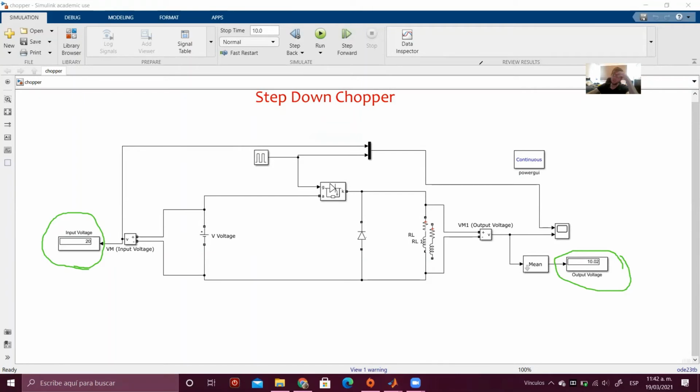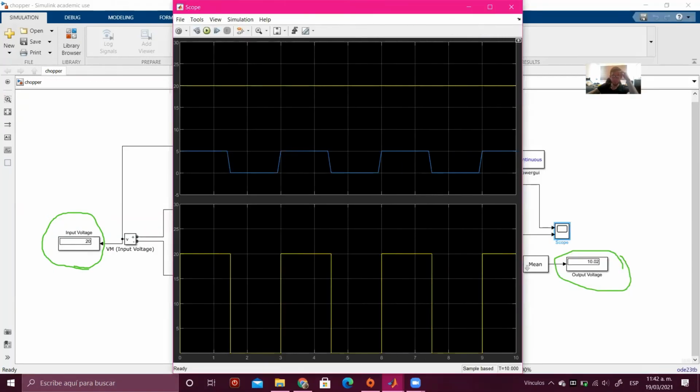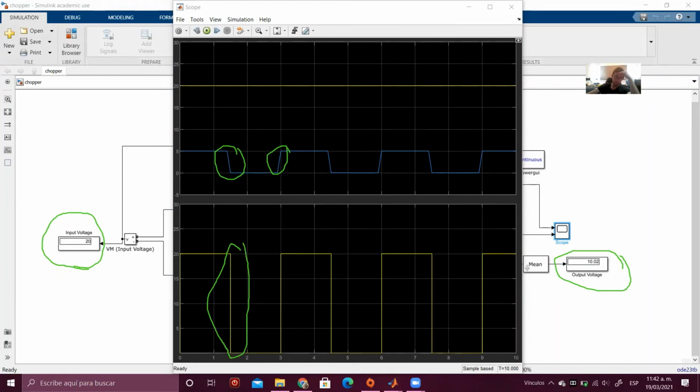Now, if we look here at the output current and voltage, we can see that the current is a straight line that will be decreasing or increasing, as we said before, and the voltage will change in an instant, as we said before.